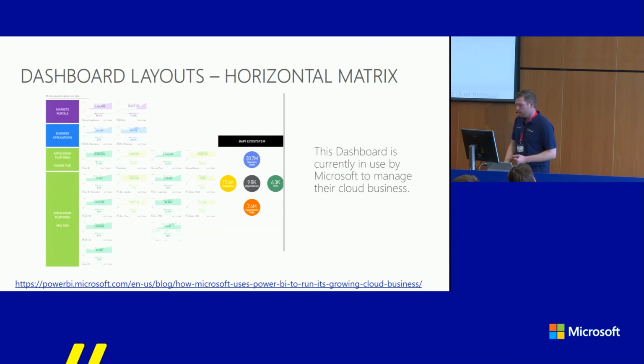And this is another example. This one is used by Microsoft themselves, and it uses color and, what's it called, closure or continuity to group visuals together. And it's easy on the eyes, but it displays a lot of data. If you look in detail at all these graphs, it's a lot of information.